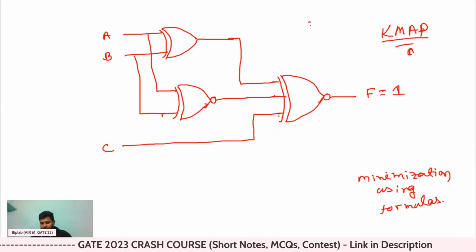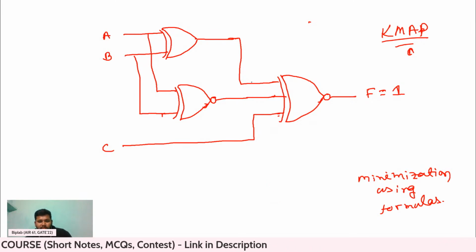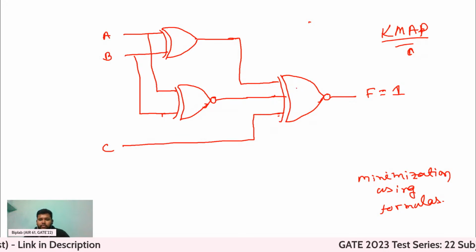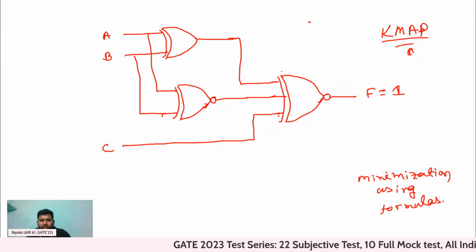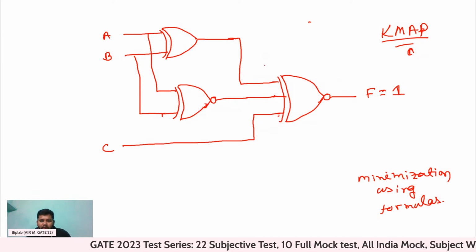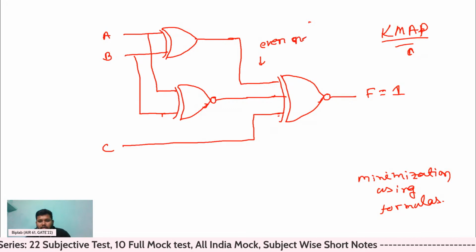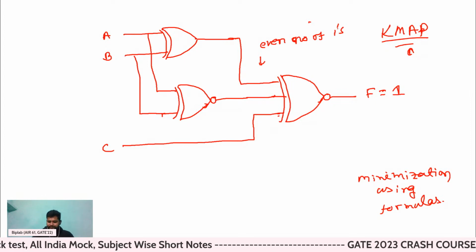Okay, let us go forward with this. First thing you have to analyze is that your output of XNOR is 1. That is possible if you have an even number of ones here.